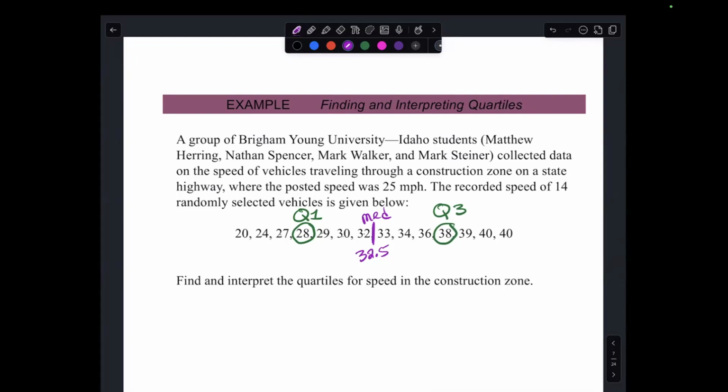So all the interpretation is saying is this is 25% of my data, this is 25%, this is 25%, and this is 25%. That is all the interpretation that we're doing.